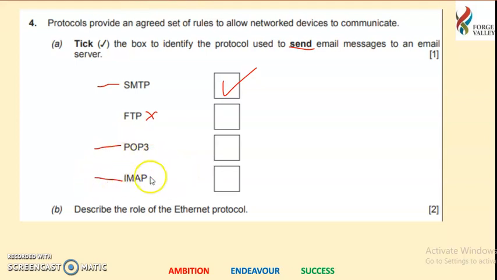Although IMAP can go in both directions, the way to remember this, even though SMTP stands for Simple Mail Transfer Protocol, Simple Mail, think S for sending. S is about sending.